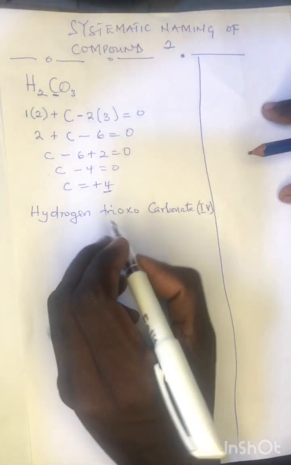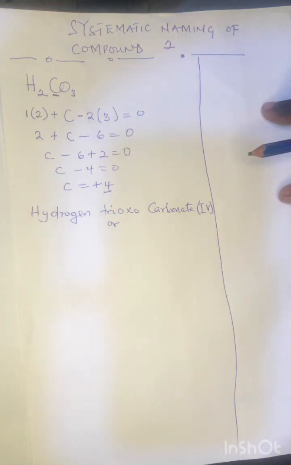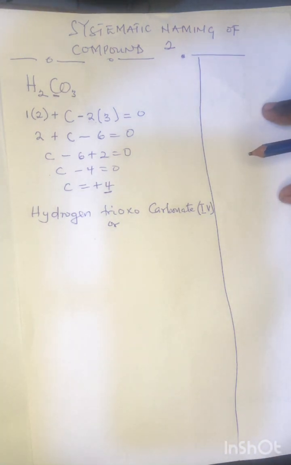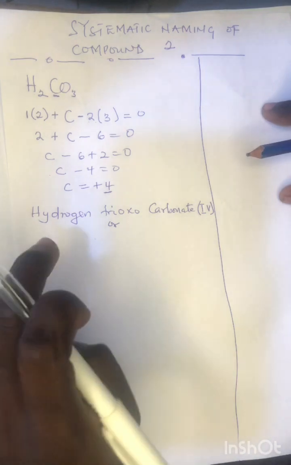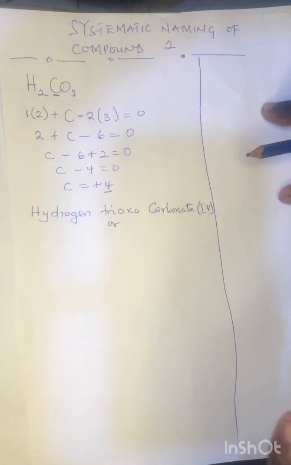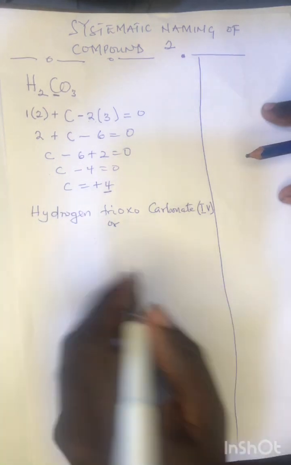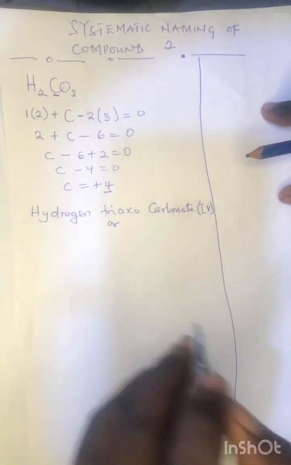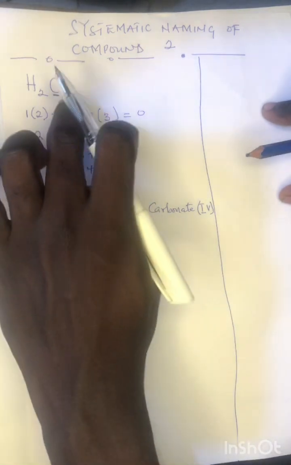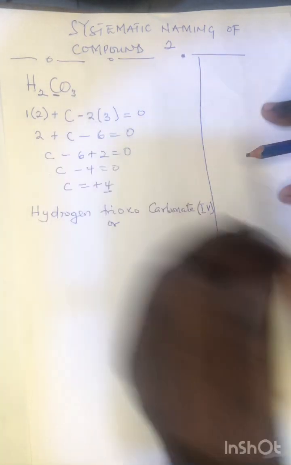We can write it this way, or you see, in science, anytime the compound starts with H, that compound is an acid. So when another person writes it this way, the person is right. When another person also writes the second way, the person is right. The second way, we are not going to start with hydrogen. We are just going to start with the molecule of oxygen.